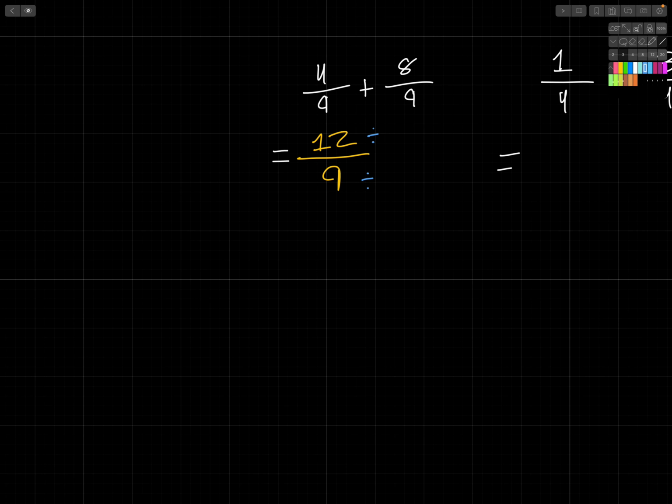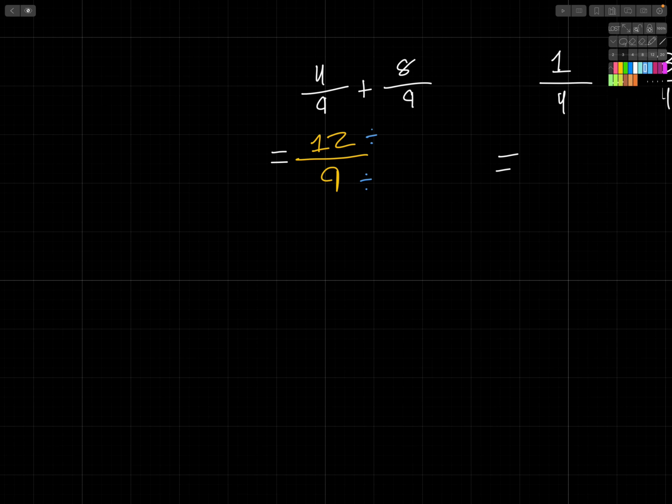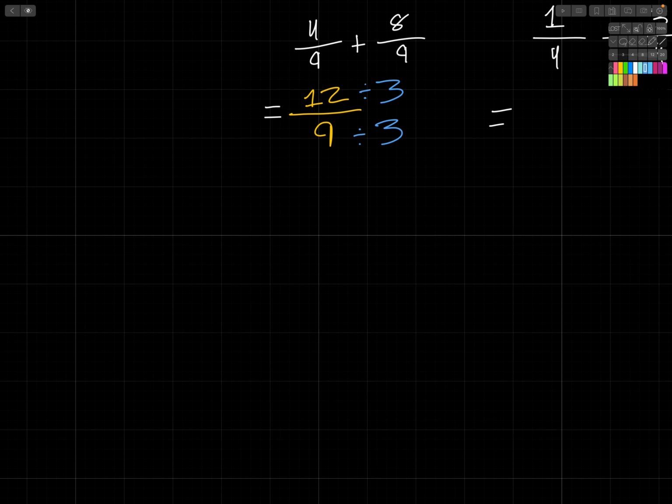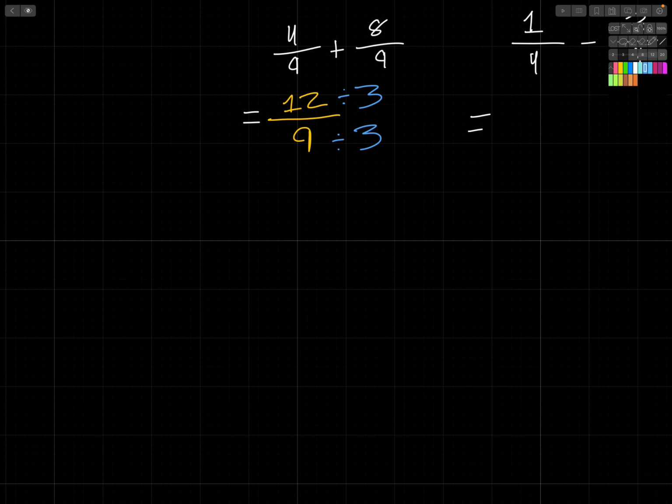So here we see, okay, let's see 12. So 12 can be divisible by 4. But 9 divided by 4, that doesn't equate to a whole number. Okay, wait. Let's try 3. 12 divided by 3 and 9 divided by 3. Wait, that actually works. And that's because it is the greatest common factor. It is the greatest value both numbers can be divisible by to equate to a whole number.